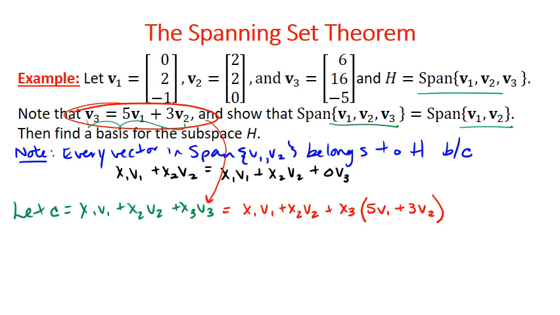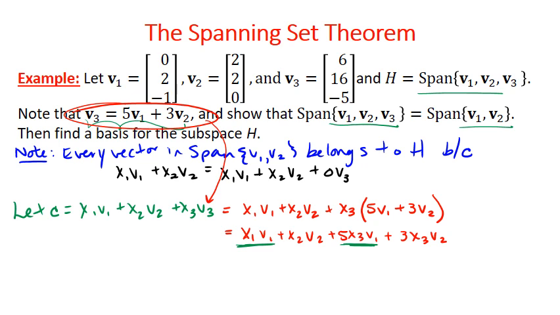And then continuing with a little bit of algebra, I end up with x1 v1 plus x2 v2 plus 5x3 v1 plus 3x3 v2. Now, looking at this, I can identify some like terms.